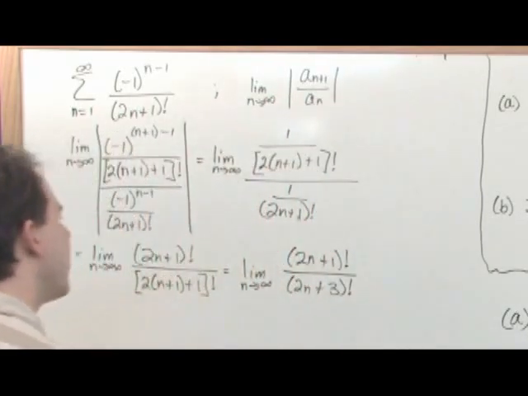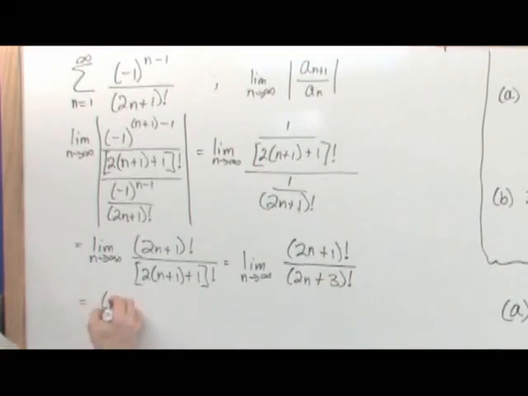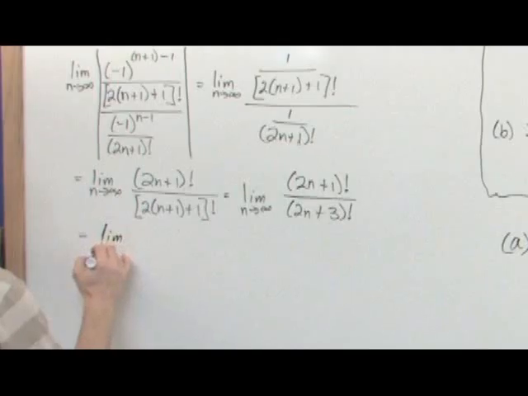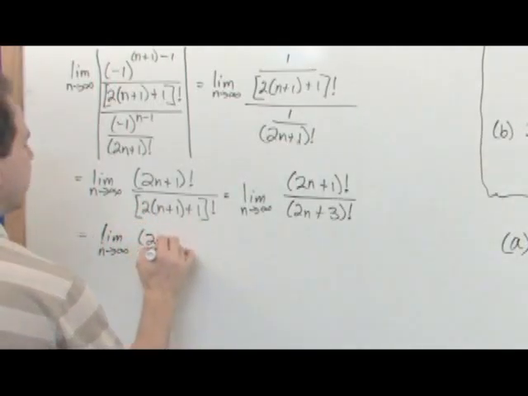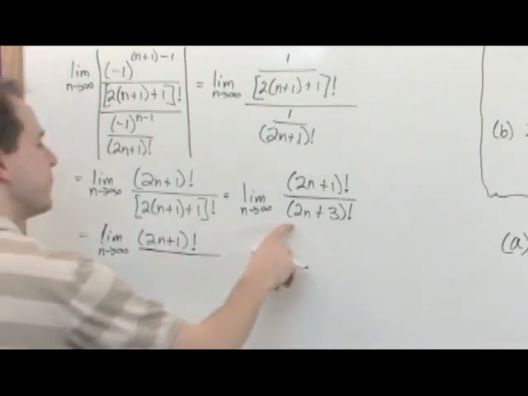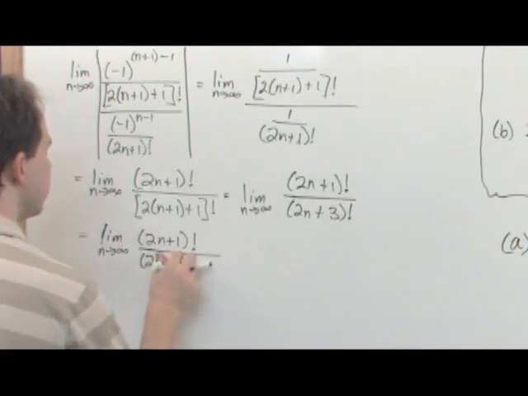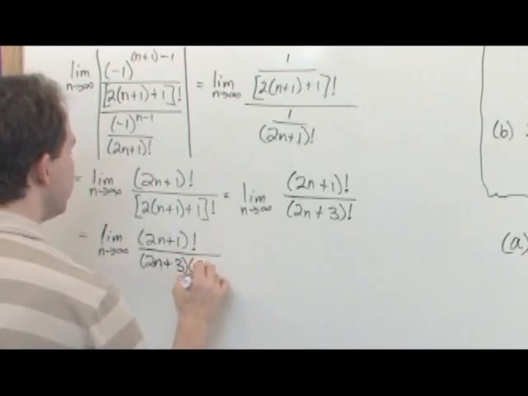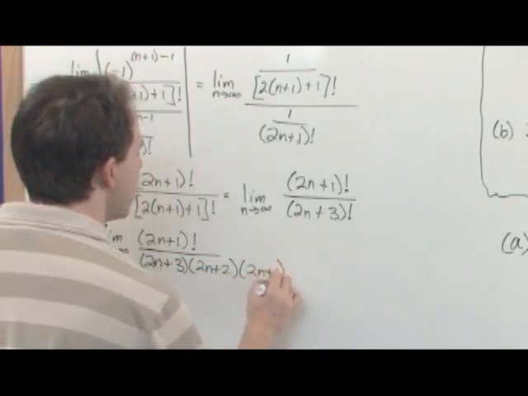Okay, so I can write this as follows. It's easier just to show you by doing. Okay, this is going to be the limit as n goes to infinity. The top I'm going to leave alone, 2n plus 1 factorial. Now the bottom, I have 2n plus 3 factorial. Look at this. I can write this as 2n plus 3 times 2n plus 2 times 2n plus 1 factorial.